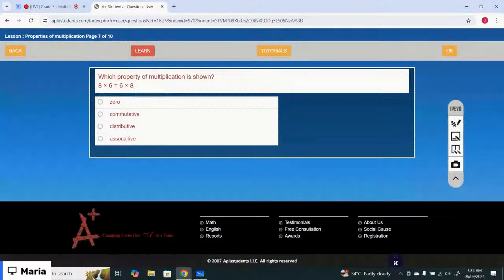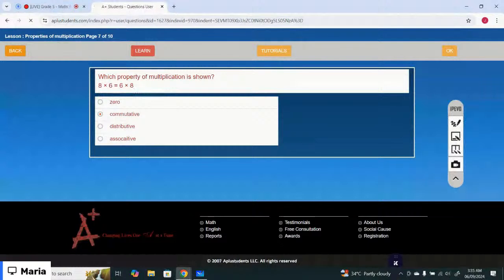That is commutative property, right? You have two numbers, just the order changes, either you do 8 times 6 or you do 6 times 8. The answer is 48 in both the cases, right? That is known as the commutative property.